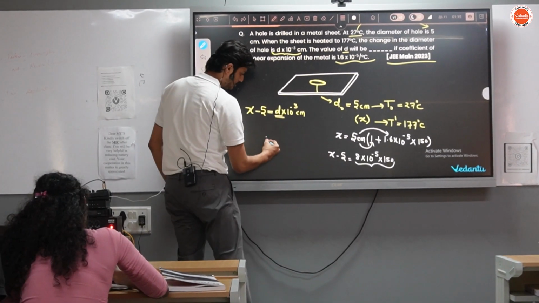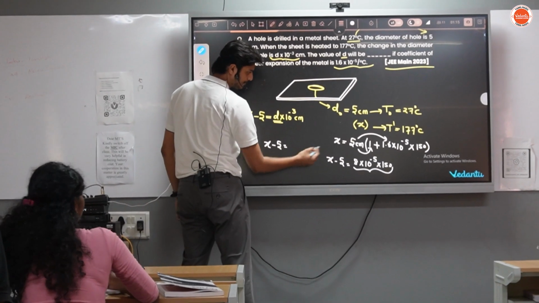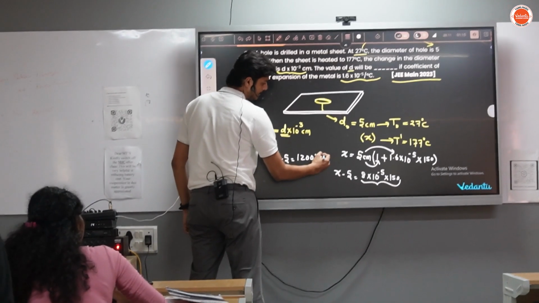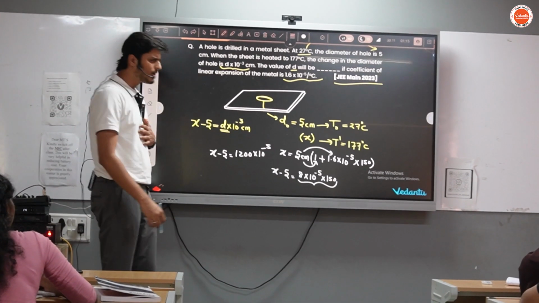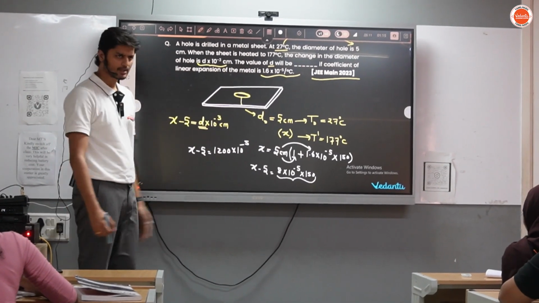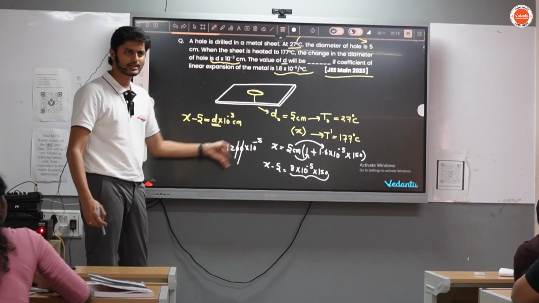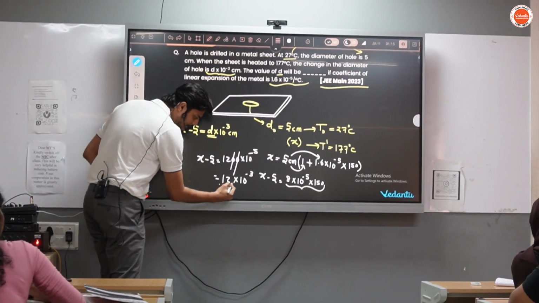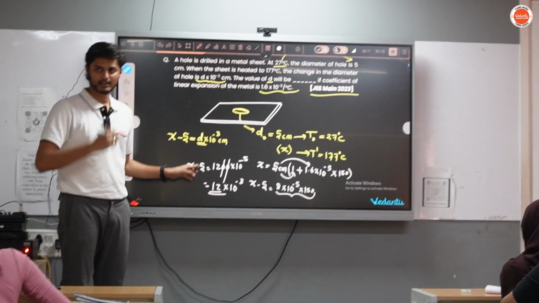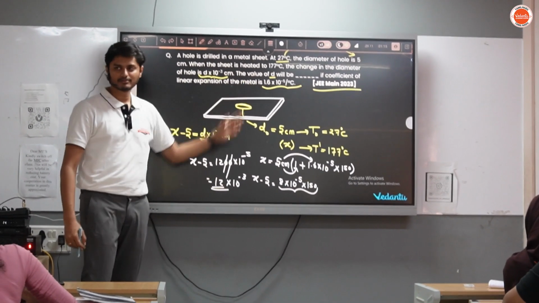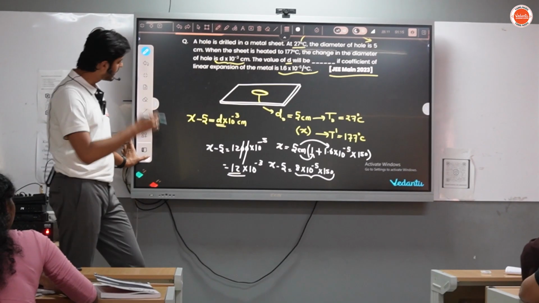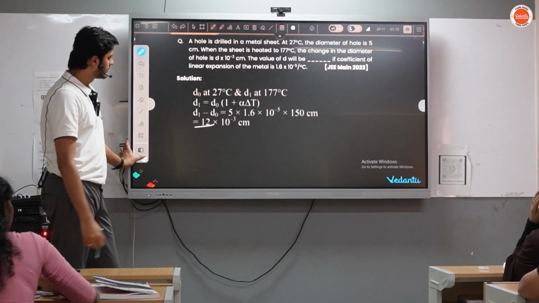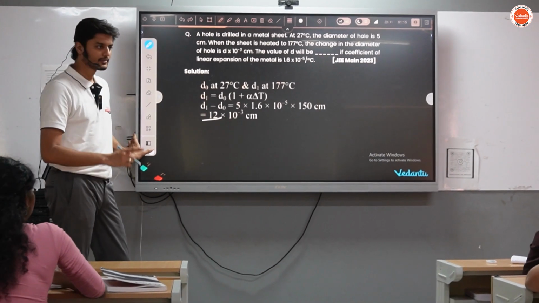So x minus 5 equals 1200 into 10 power minus 5. But I want it in terms of minus 3, so I cancel these two zeros and give them to the power. Then 12 into 10 power minus 3, and this is the answer, because they ask for x minus 5. So the answer is directly 12. What is the d value here? d value is 12. The calculation is correct, right? Understood?